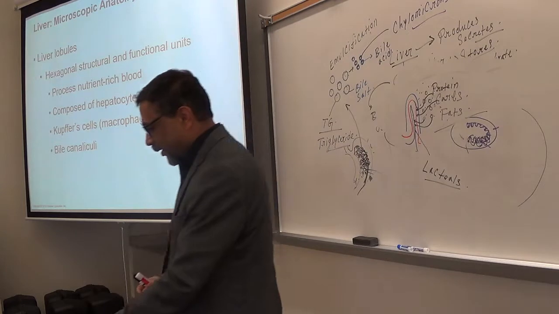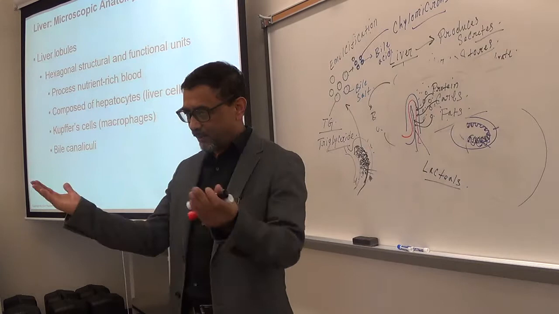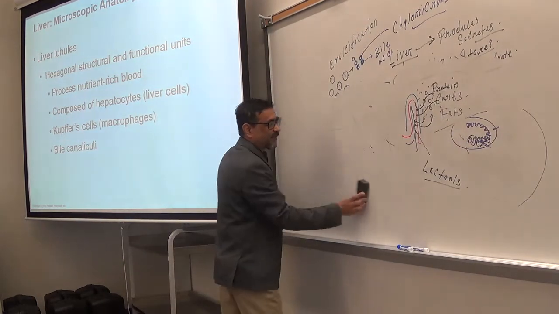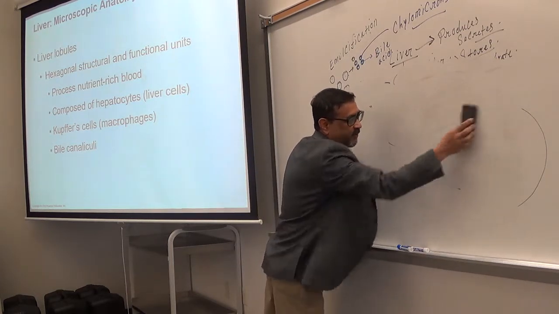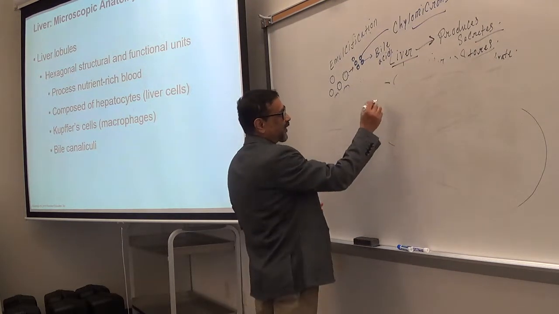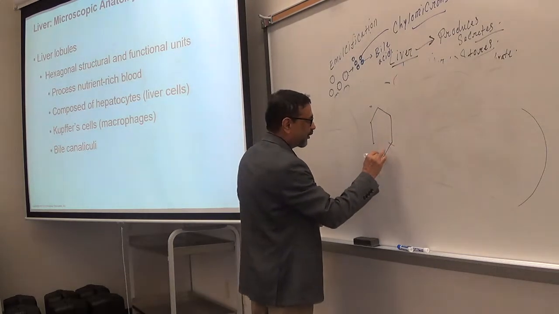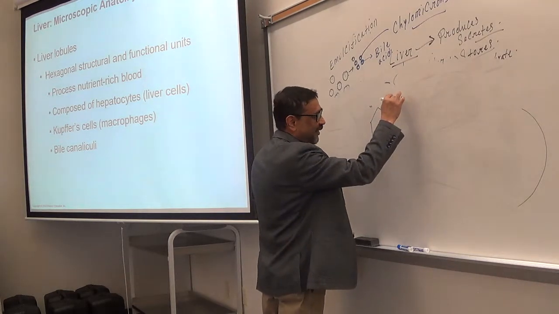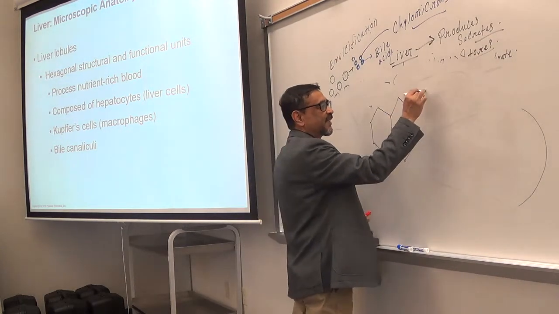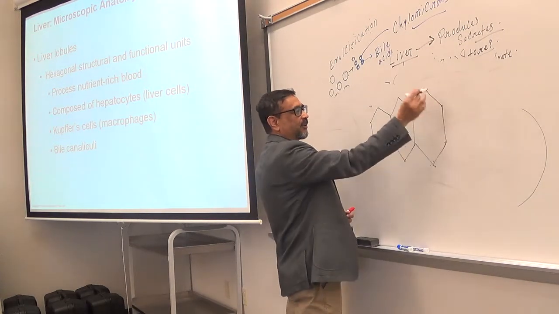Now, if you cut the liver and see the tissue under the microscope, inside the liver you see many lobules, and they are hexagonal. That means they have 6 angles: 1, 2, 3, 4, 5, 6.